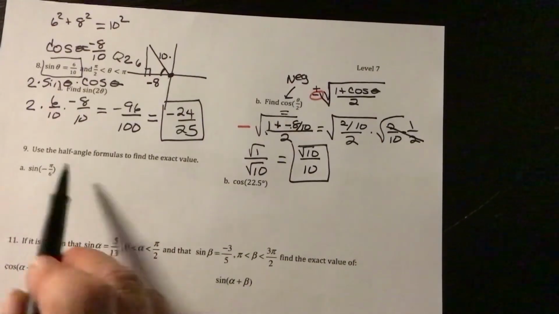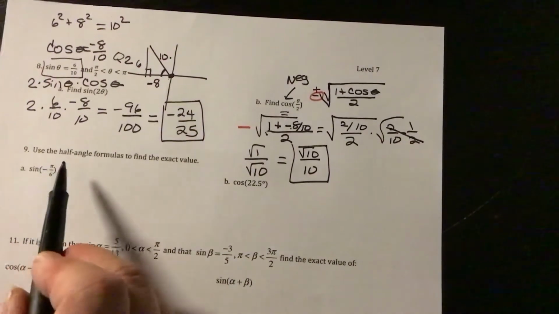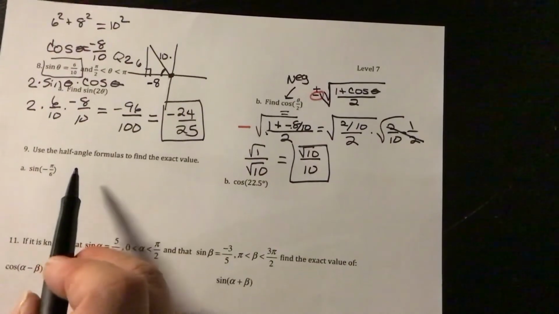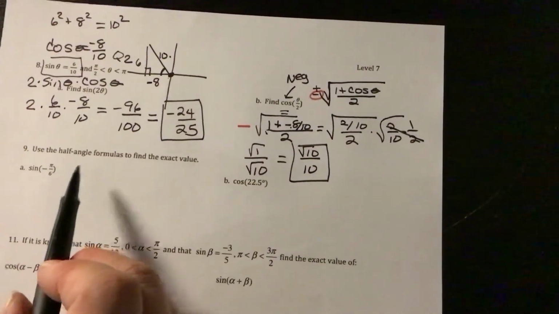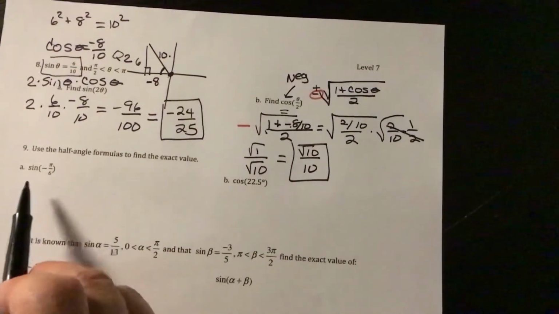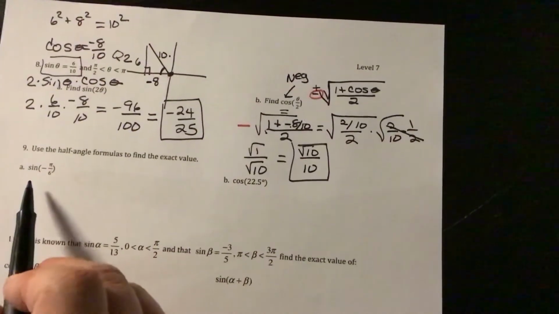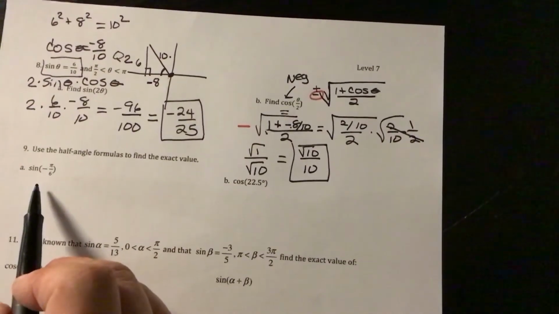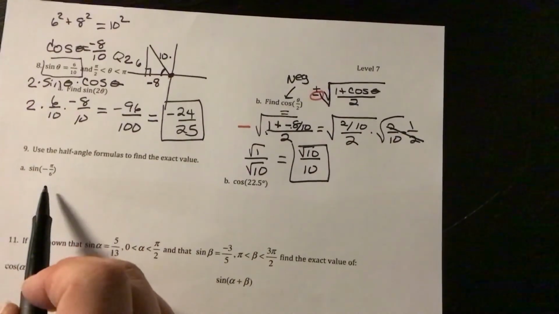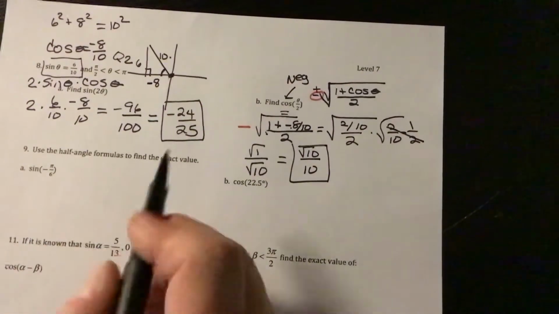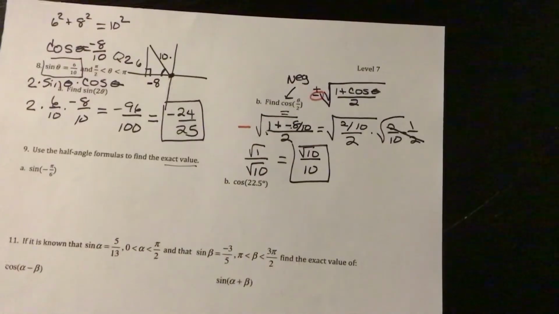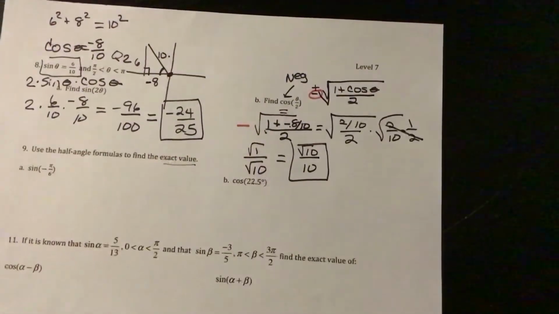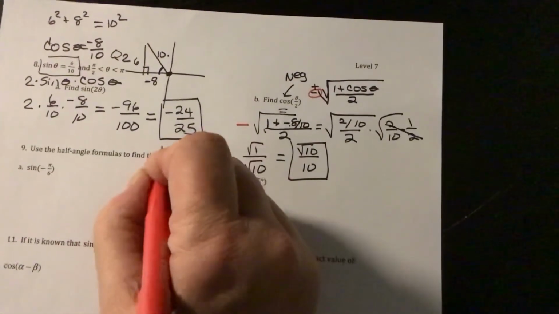All right, so here it says to use the half angle formulas to find the exact values. So if I have sine of negative pi over 6, basically when they say the exact values, that means they do not want you to use a calculator.